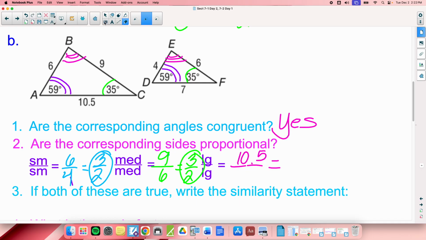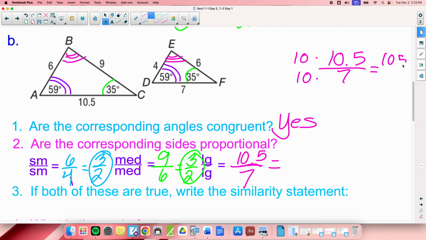Okay, when you go to do this and you don't have a graphing calculator, you can do it, but how you would do it is you would have to multiply the top number and the bottom number by 10. And what would happen is that would clear out. That would make this 105 and this 70, and then you could use your calculator to do it.